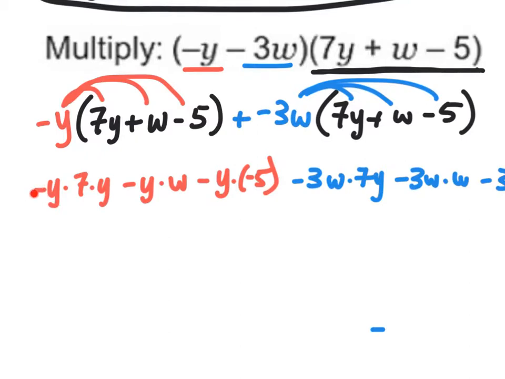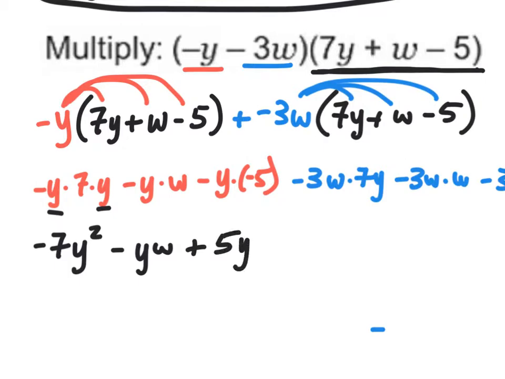Now a negative times 7 is going to give us negative 7. y times y gives me y squared. Minus y times w, I'm just going to leave it like that. I can't combine those because they're two different variables, so I'm just going to leave it as minus yw. Now a negative times a negative here is going to give me a positive number, so I'm going to do a plus, and then 5 times y is just going to give me 5y.